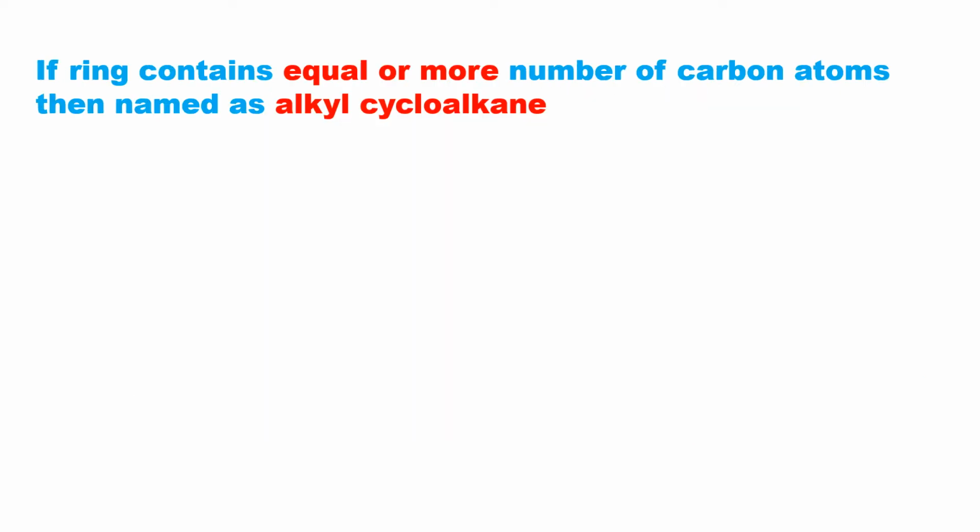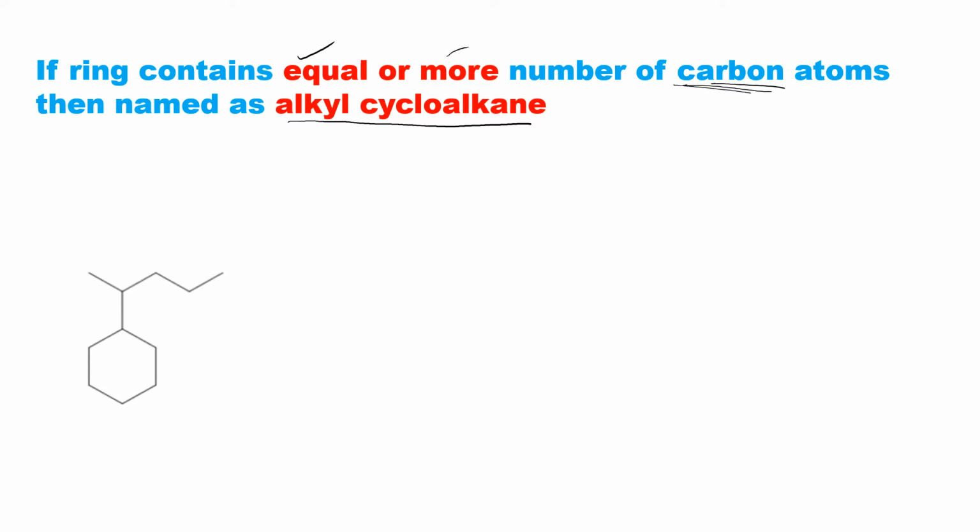Coming to the next one. Here, if the ring contains equal or more number of carbon atoms, then it should be named as alkyl cycloalkane. Let us discuss with an example.